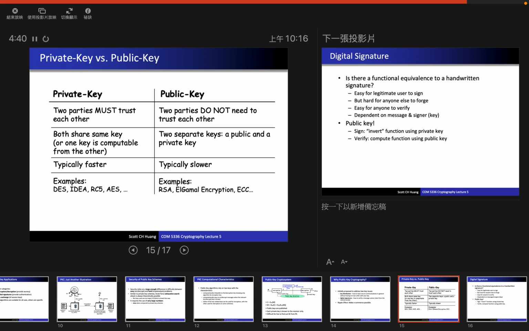And the elliptic curve crypto system, which is asymmetric, took about 1 second. So it's almost 50, 60 times faster. That's a huge difference. So public key is slow, private key is faster. There are some examples like this.